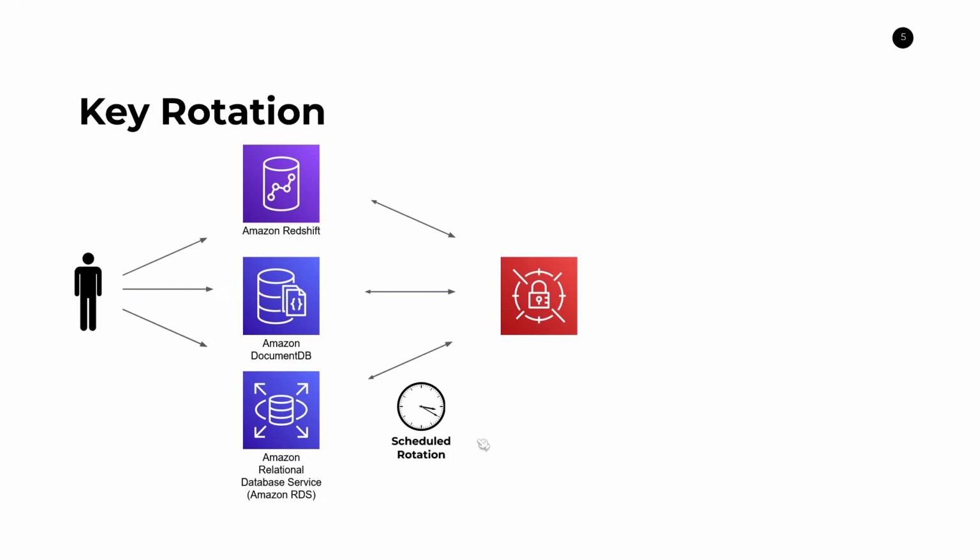Now, AWS does realize that not everyone uses these services, or maybe they want rotation on some other thing that they're storing with another AWS service. So there is a manual way to do this if that's your use case. Say, for instance, that we have an application that wants to use Secrets Manager and they want to do rotation for their credentials.